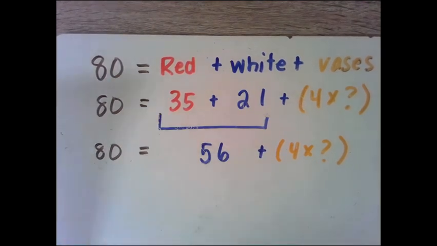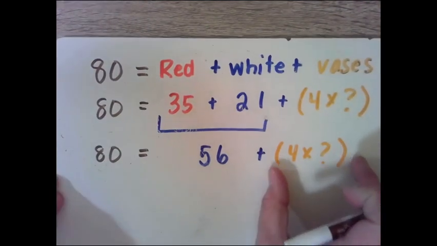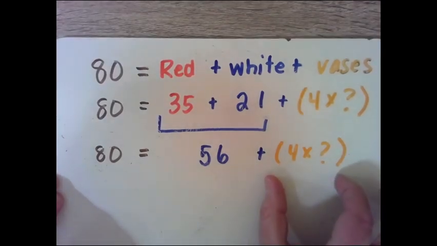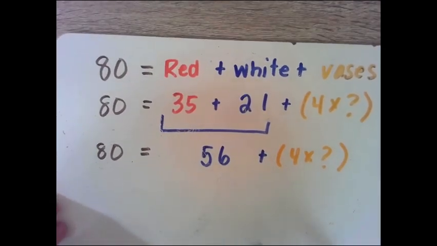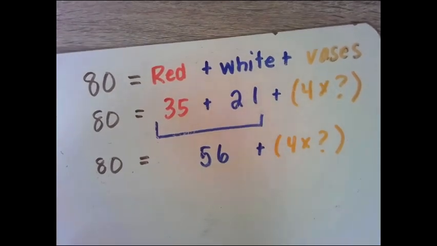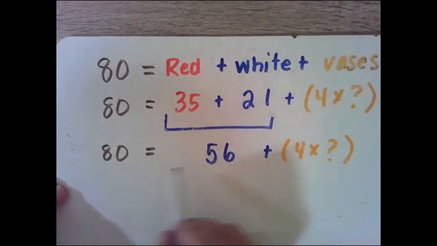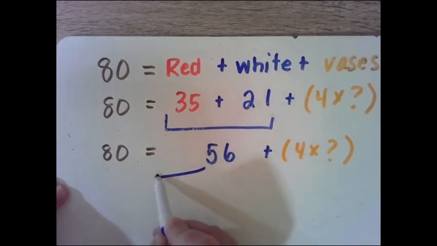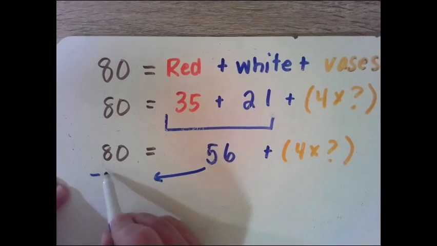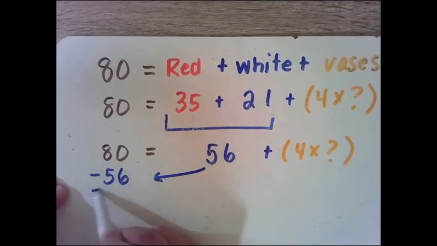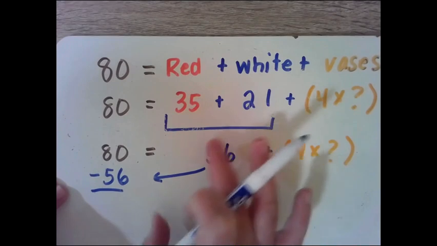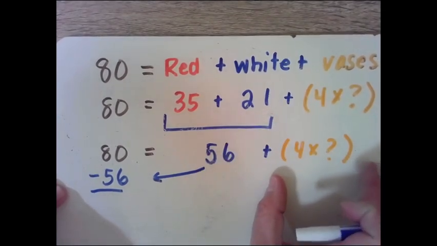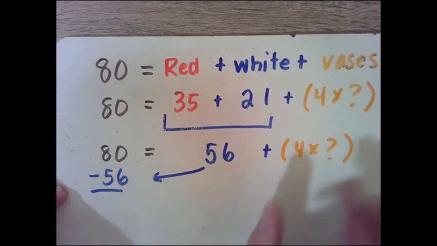Now, to get the amount he spent on vases all by themselves, we need to take the $56 that we spent on roses and take it away from the total amount he spent. So I'm going to put this 56 over here. By taking away what we spent on roses, that leaves us with what he spent on vases alone.